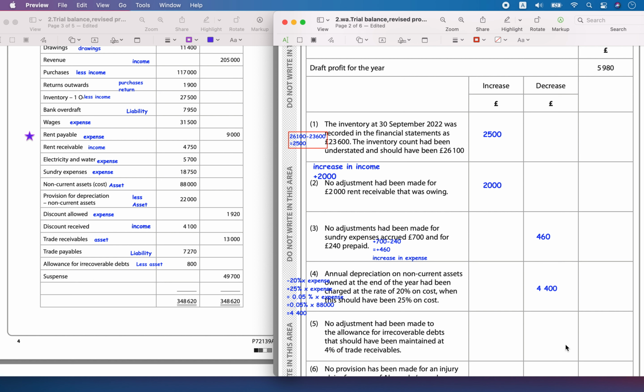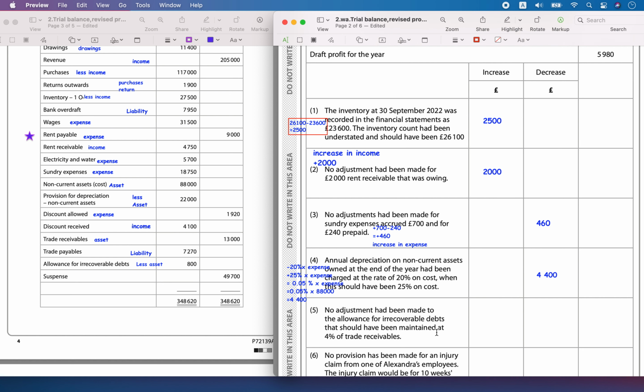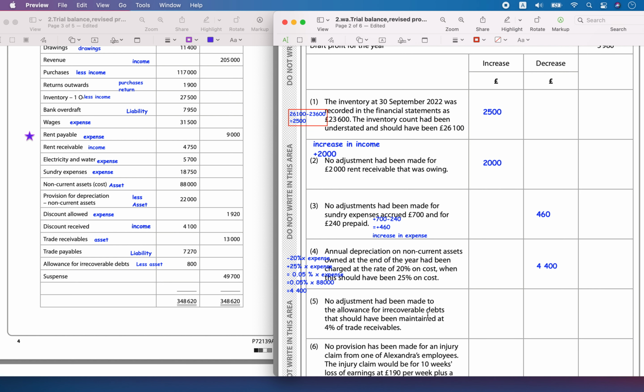Then no adjustments had been made to the allowance for irrecoverable debt that should have been maintained at 4% of trade receivables. So there is already an allowance for irrecoverable debt, and you have to adjust this allowance.